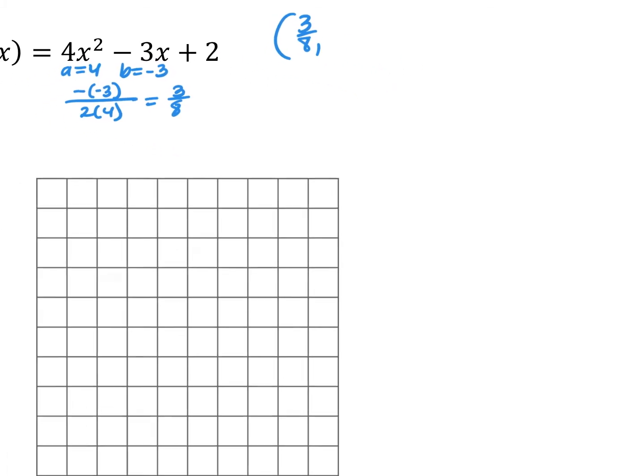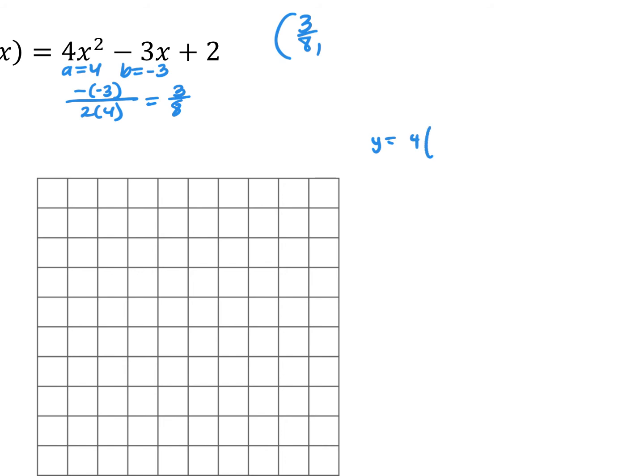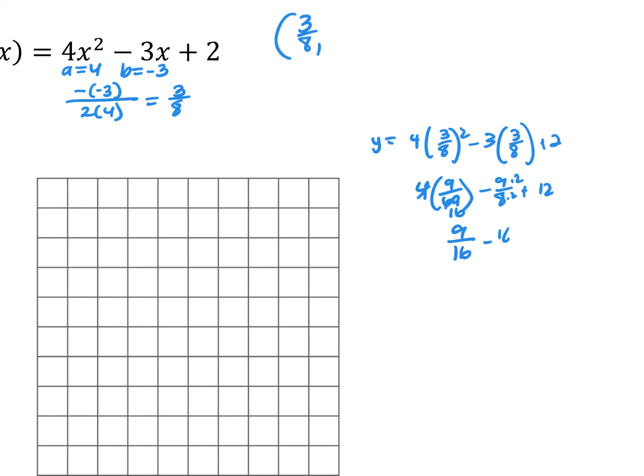Plug it back in to get the y. 9/16 minus, multiply by 2 here, 18/16, plus 2 multiplied by 16 is 32/16. So this is negative 9 plus 32, which would be 23/16.